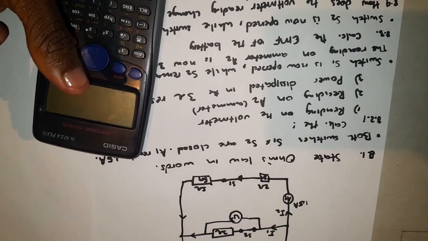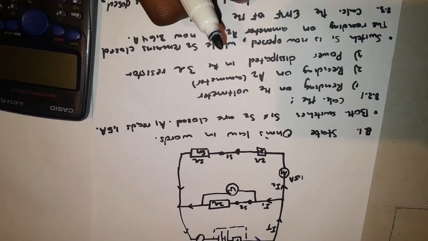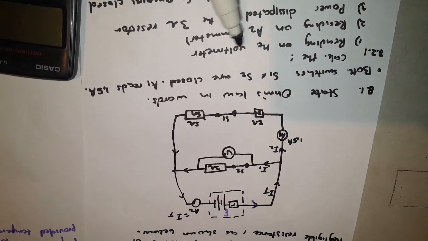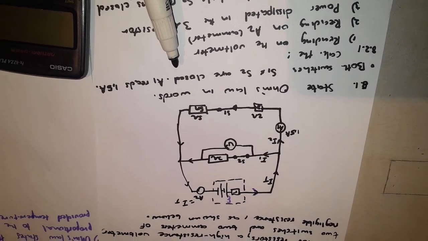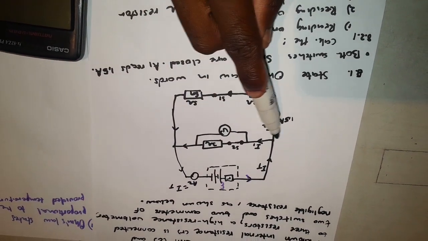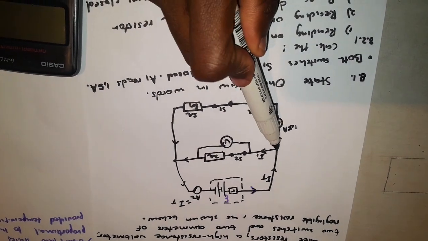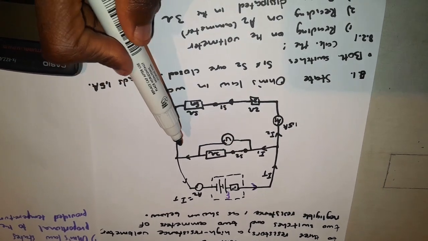at all times. Now question 2 says both switches S1 and S2 are now closed. Which means that now we are going to follow this parallel arrangement, so the current is going to divide, to branch out.